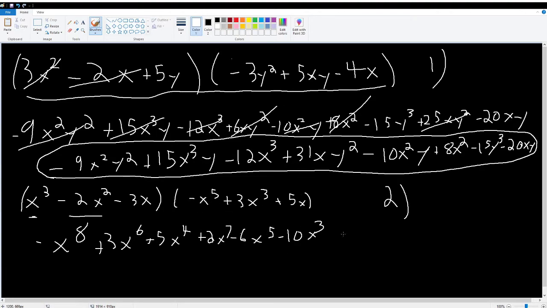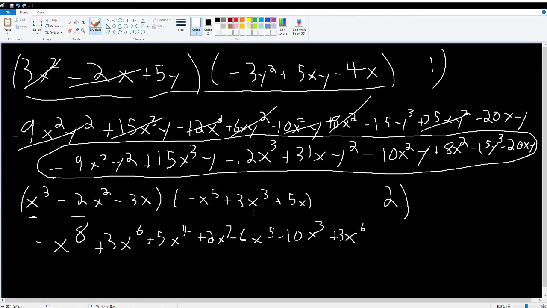Negative 3x times negative x to the 5th is positive 3x to the 6th, okay.